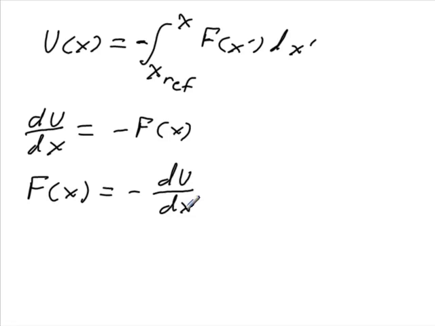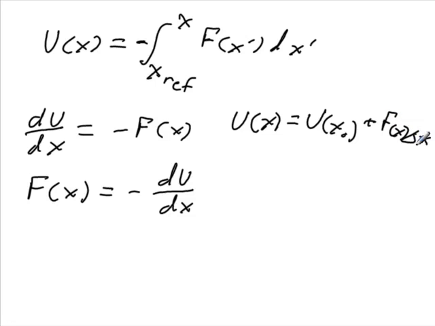They showed it in the book by saying, well, what if it's just a very small variation? If we did a very small variation, then we would say u of x is equal to u at some original position, x naught, plus f at the position times delta x, where delta x was the change in position from our original position to here.